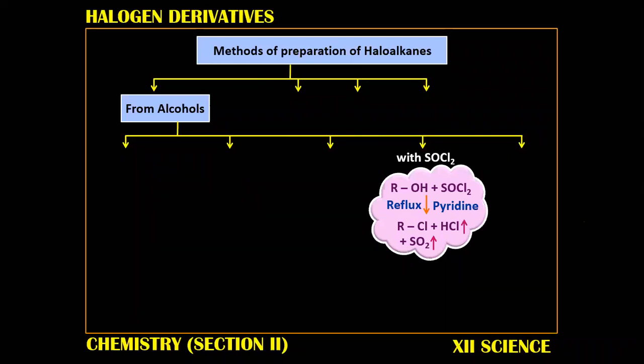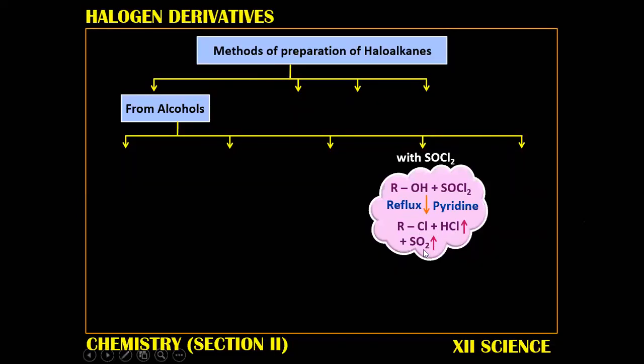In benzene, there are 6 carbons in the ring, but out of 6 carbons, you remove 1 carbon and put N. We get a heterocyclic benzene ring, that is pyridine, C5H5N. So when alcohol reacts with thionyl chloride, SOCl2, we get RCl, HCl and SO2.